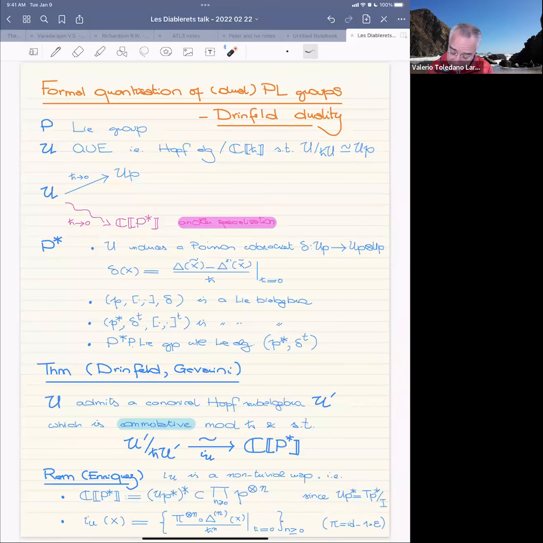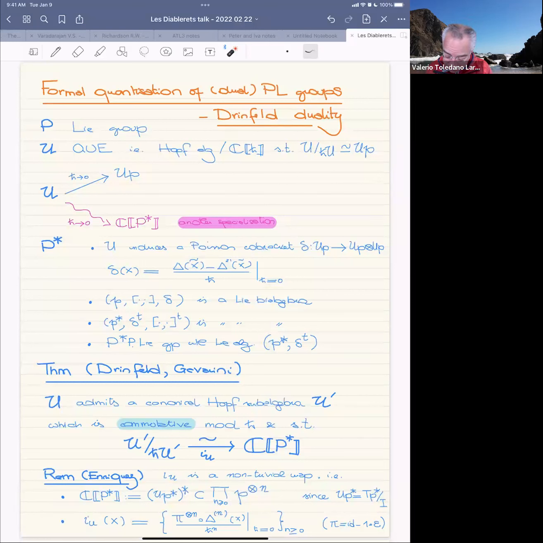So if I have this QUE, then it induces a Poisson co-bracket on the enveloping algebra simply by taking an element, taking its quantum coproduct, then minus its opposite quantum coproduct, and dividing by h bar. This is divisible because I have this specialization here, and therefore I can evaluate it. This is the same way as you would define a Poisson bracket from a non-commutative deformation of an algebra.